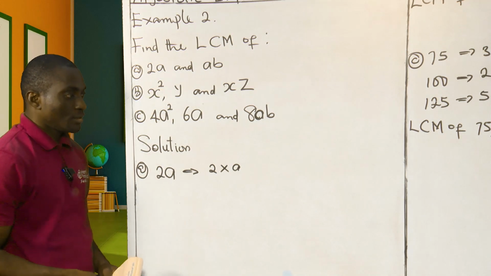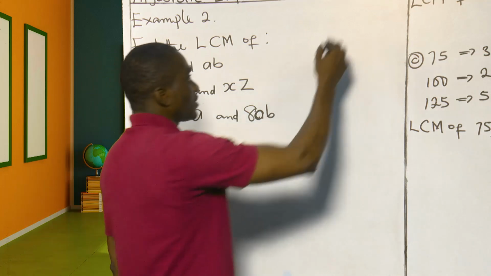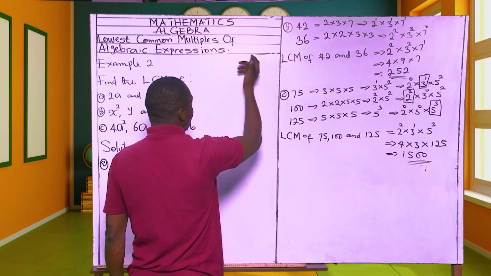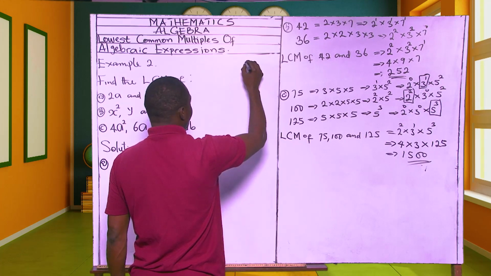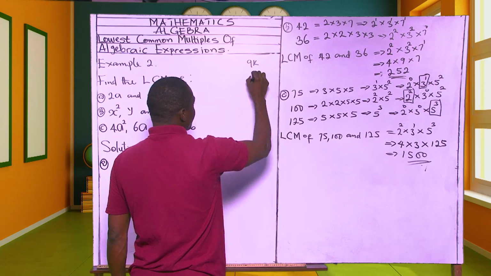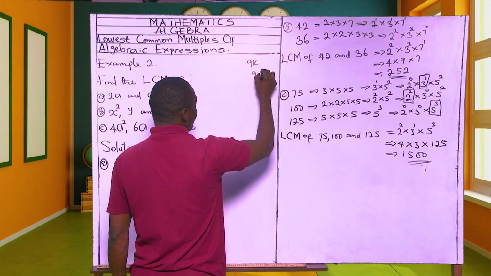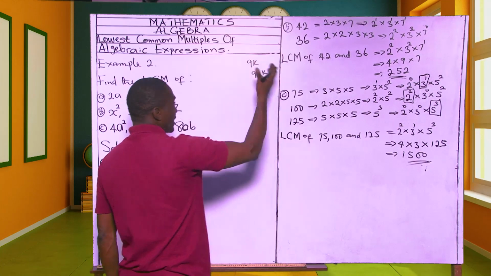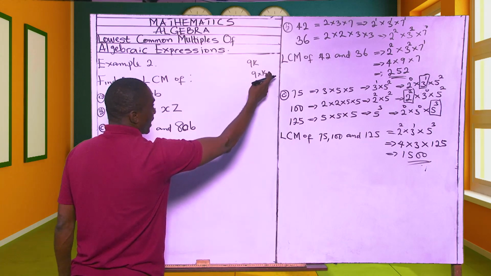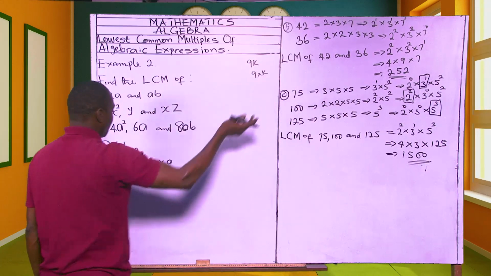Okay, I've told you in the past that when you have a number and a letter joined together, such as, let's say, 9K, it means 9 multiplied by K, the product of 9 and K. That is just it. So when you multiply 9 by K, it will give us 9K.